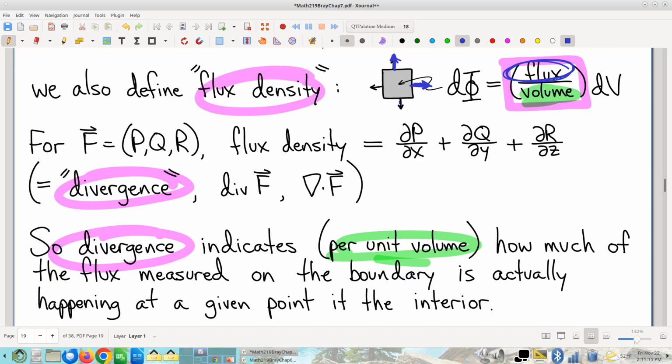That's what flux is. Flux represents volume per unit time or quantity per unit time, appropriate to how you've set things up and what kind of units you've got. Flux is telling you outward flow, and so divergence is just per unit volume, literally telling you how much outward flow there is away from that point.